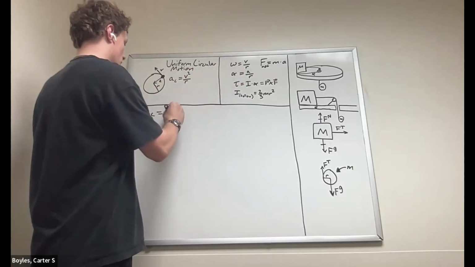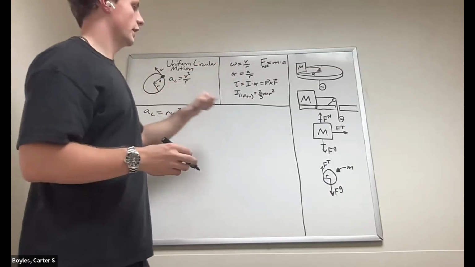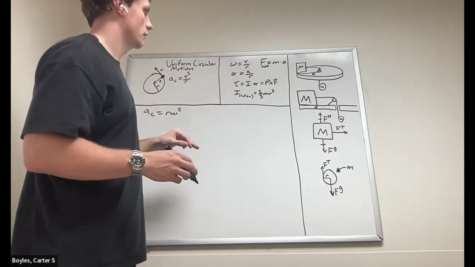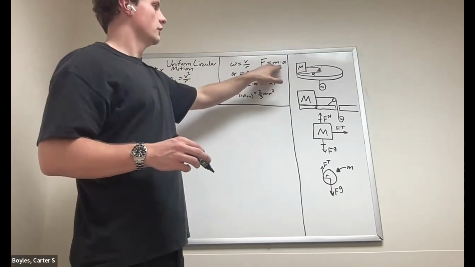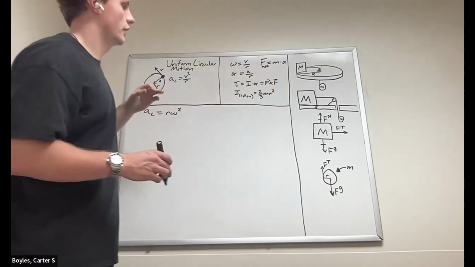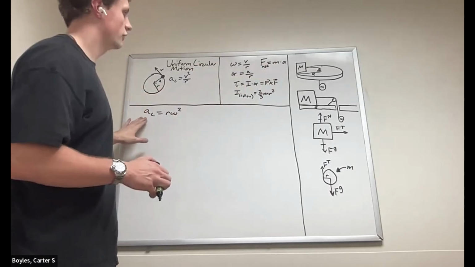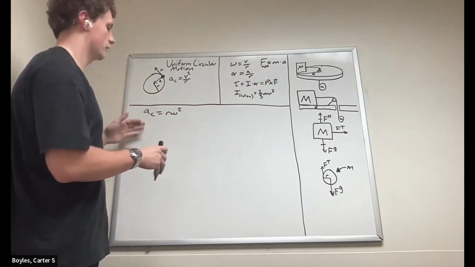so r ω squared. We also know that the net force acting on the object is equal to its mass times acceleration. By rearranging this and solving for acceleration, the acceleration acting on this object is equal to its net force divided by mass.